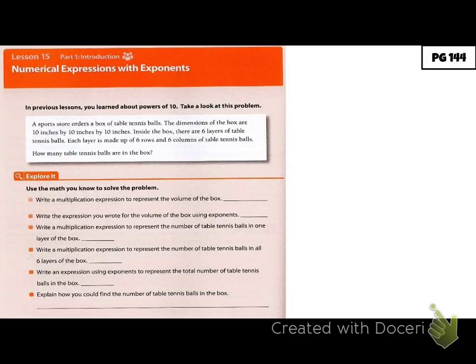The first one says, write a multiplication expression to represent the volume of the box. Well, we know when we're finding volume, it's length times width times height. So in this case, we would be doing 10 times 10 times 10. Now it says write the expression you wrote for the volume of the box using exponents.